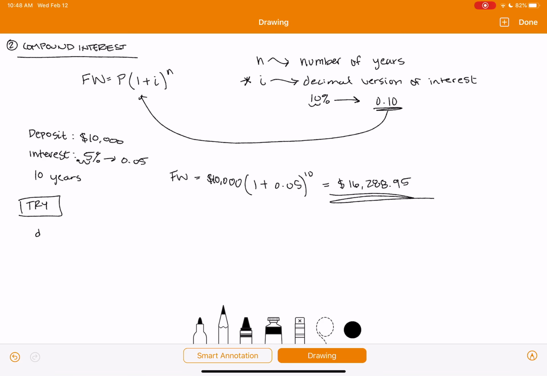All right. So go ahead now and try this one on your own. If you deposit $20,000 into an account with an interest rate of 5%, and you want to know how much is going to be in there after 30 years, and it's compounded annually.